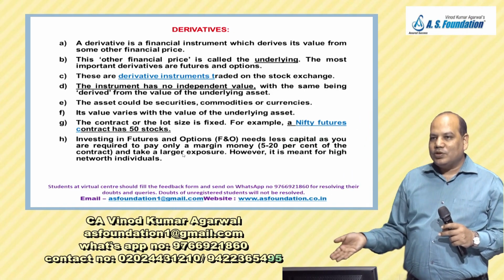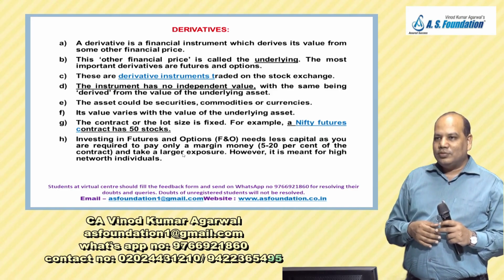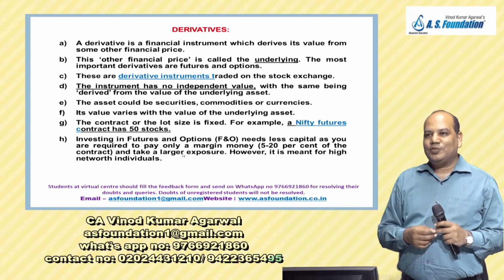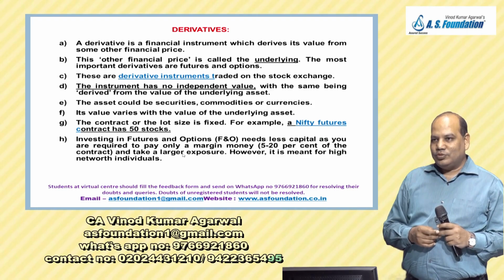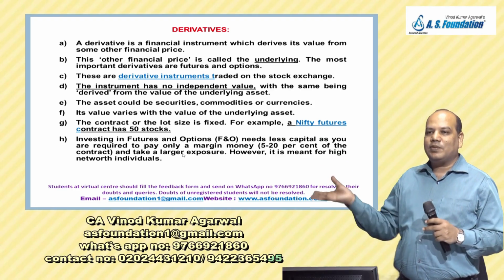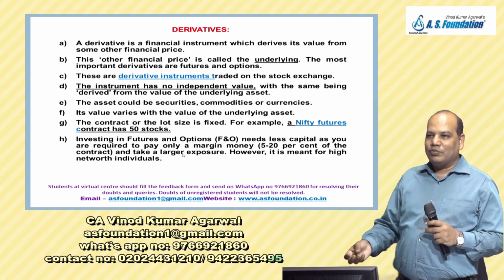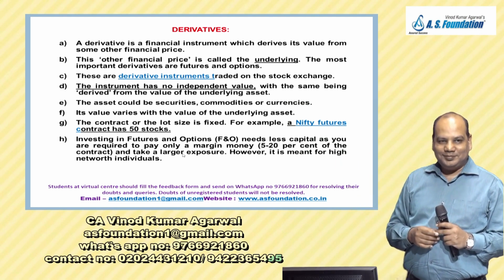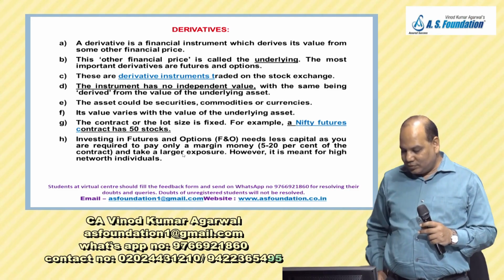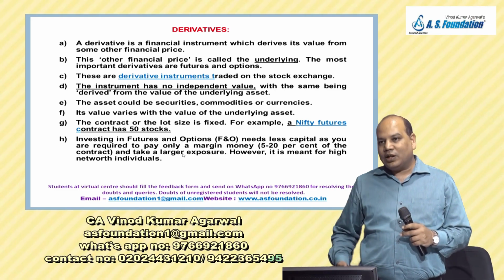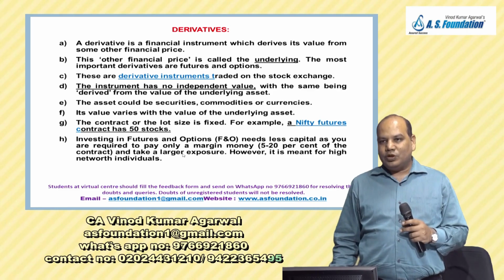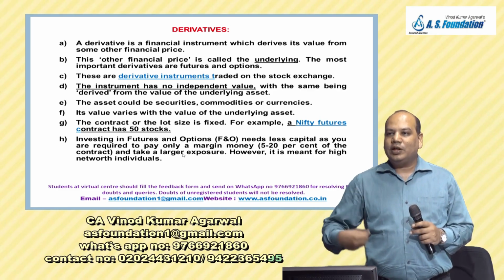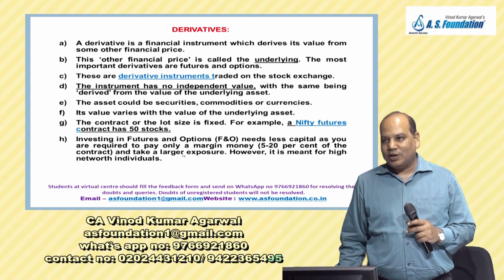If you invest in gold future, you invest 3 lakh and you make a profit of 2 lakh. So here your rate of return is 67% in the future market. There your rate of return is 7 or 8%. What is better? Future is better. You can take a larger exposure. With 30 lakh rupees, you can take a 10 times exposure in the future market.